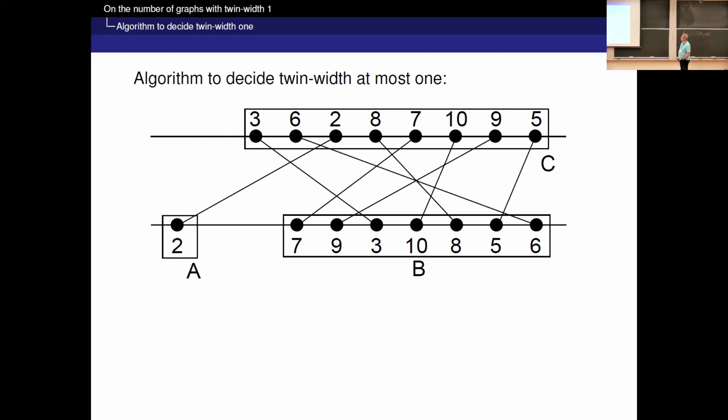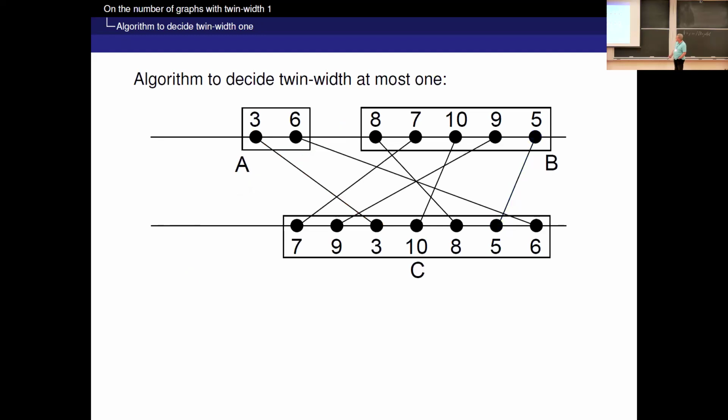Now look for the next doubly extremal vertex. In this case, this is not doubly extremal apparently, and this neither. So we cannot continue. But if one of the sets A and B has only a single element, you can continue, namely take this single element as the next splitter. In this case we can do that, remove it, and redefine A, B, C.